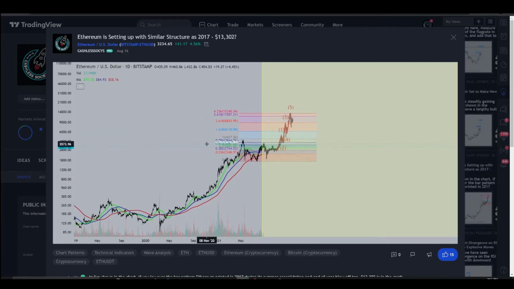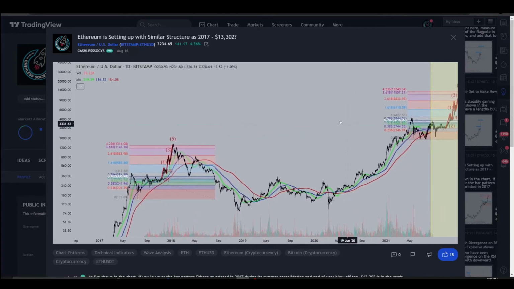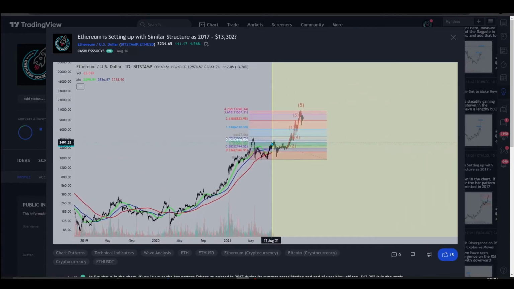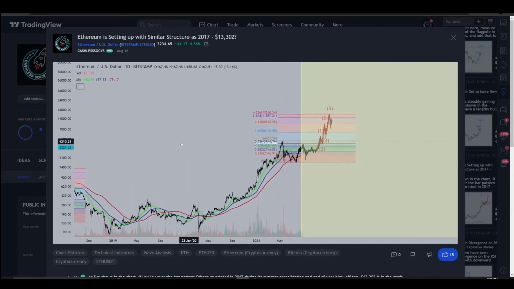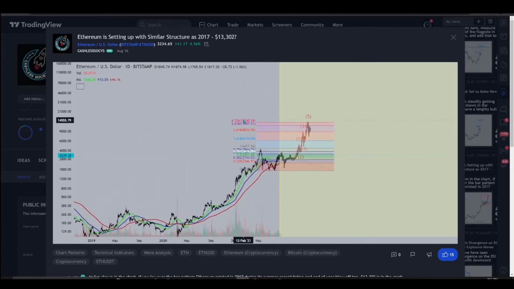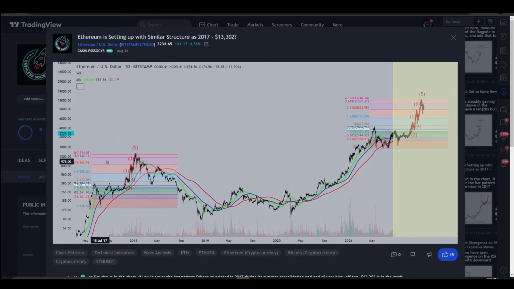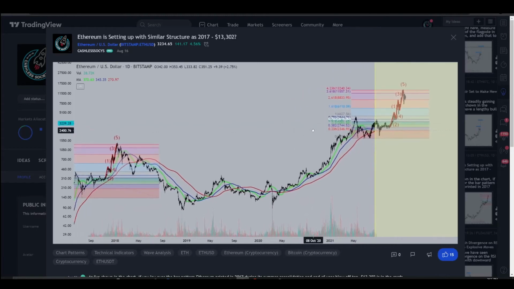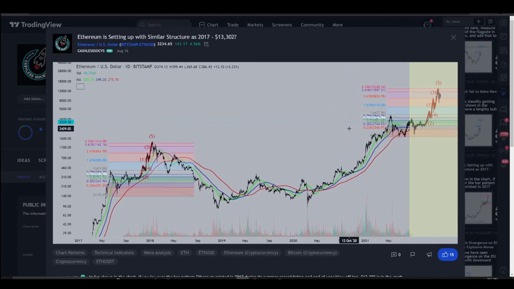Did I say 13,000? I meant 1,300, if that's what I said. But anyway, this time around, if that happens, as you can see, it will take us up to about 13,000, which would be 10 times the peak of the last top. So that's kind of what crypto has been doing, honestly.